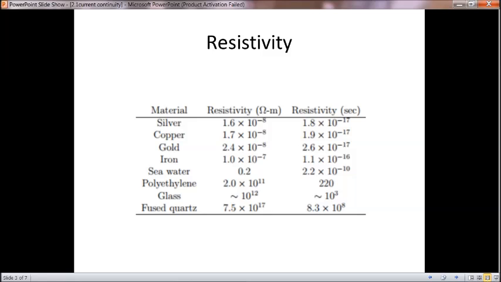Conductors have very low resistivity, that is, they allow electrons to flow freely. Polyethylene, glass and fused quartz have high resistivity, so they do not have conductivity, because the resistivity is higher.